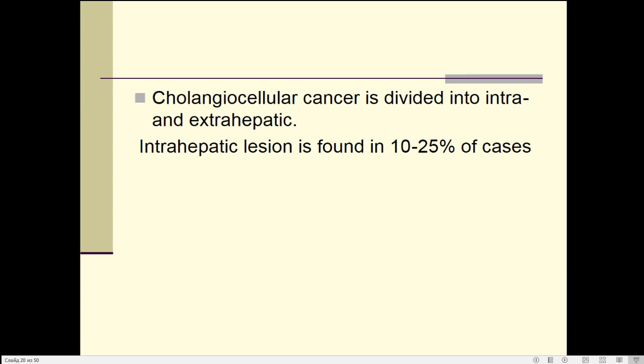Cholangiocellular carcinoma is divided into intra and extrahepatic. Intrahepatic lesion is found in 10 to 25% of cases.